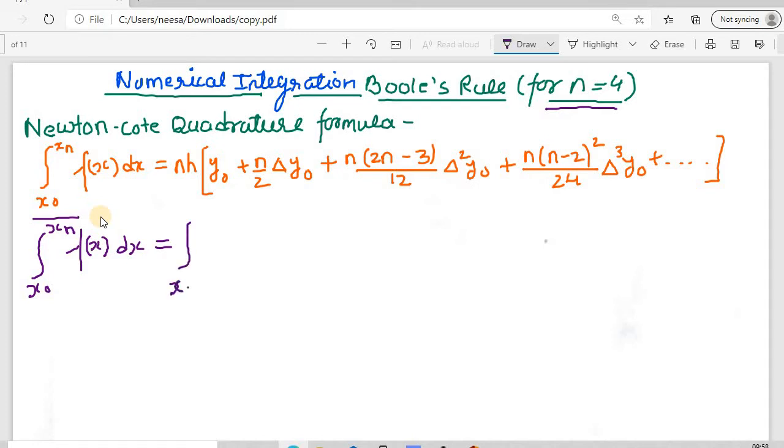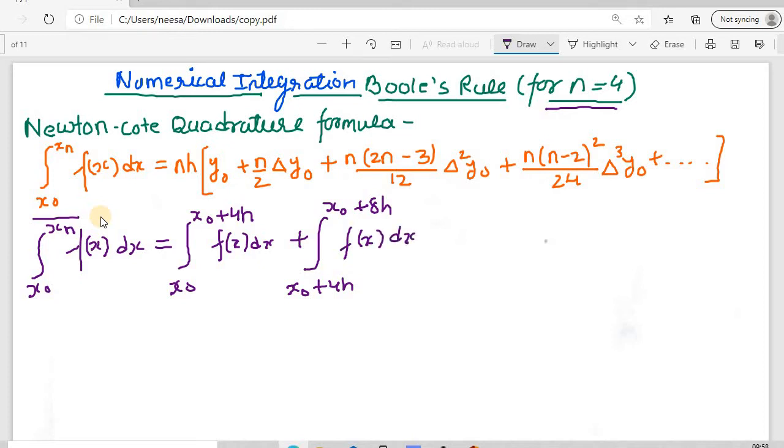So this will be x0 to x0 plus 4h, right? This is because n is equal to 4 here. So this will be f(x) dx, plus the next smaller subinterval from x0 plus 4h to x0 plus 8h of f(x) dx.